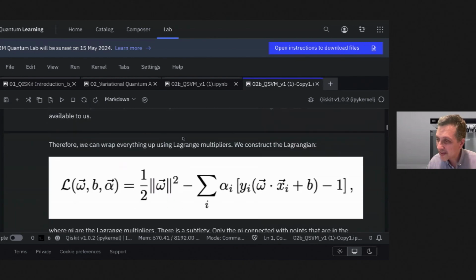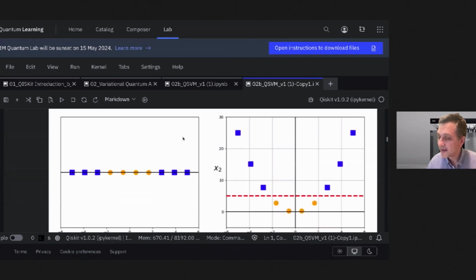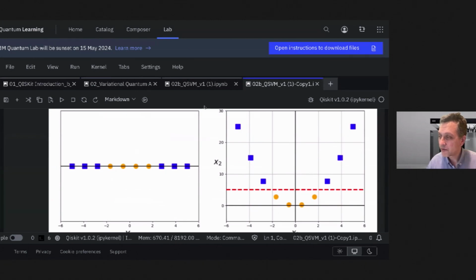In a classical support vector machine, we use a kernel trick that is transforming our data to a high dimensional space where we can separate in this high dimensional space.